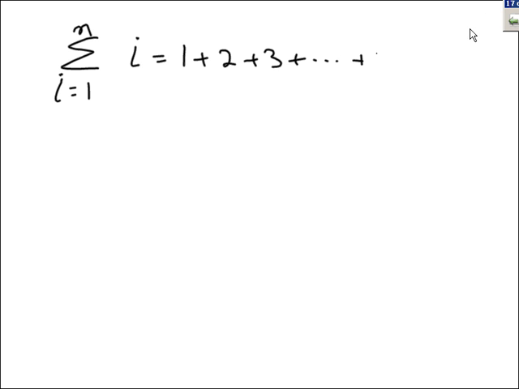Now, there are very special rules that you're going to have to know big time for the next section. You have to know what the summation of i, as i goes from 1 to n, is. That is 1, first i is 1, and then it's 2, and then it's 3, all the way up to n.